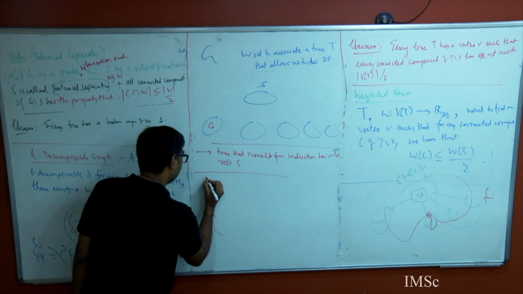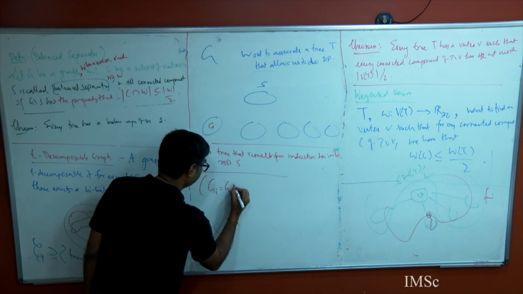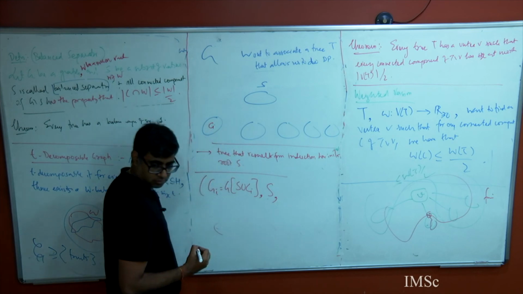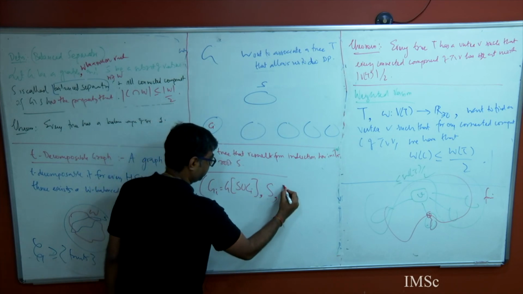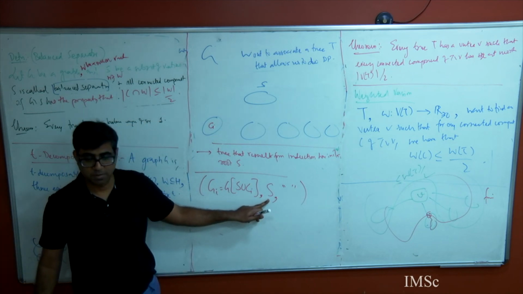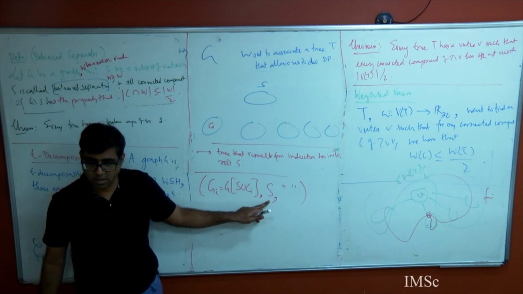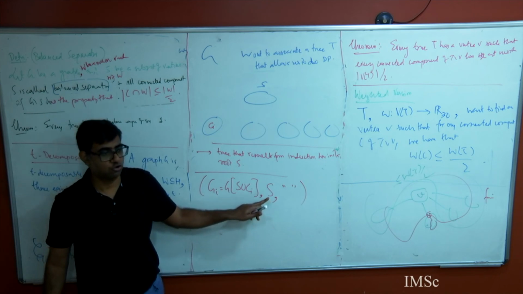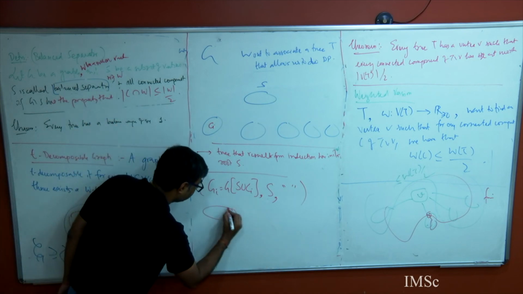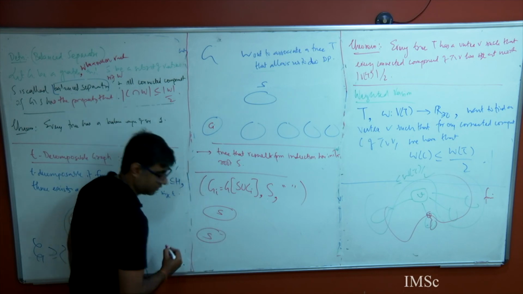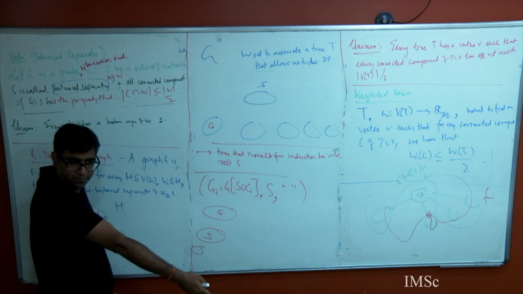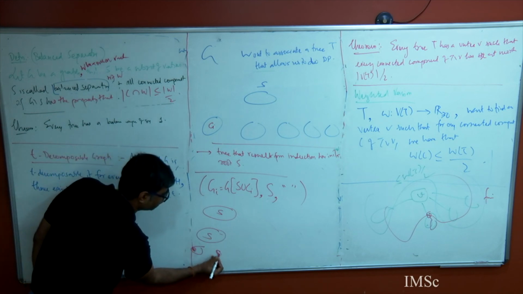I will say, look at Gi, which is the graph induced on S union Ci, and I also give you a set S. So next time when you have to find a separator, it must be separating S. I am not interested in any separator, but in a separator which also makes S balanced. It is okay that S is contained here, but in the rest, because S has bifurcated, you only keep a portion of S here, a portion of S here, a portion of S here.